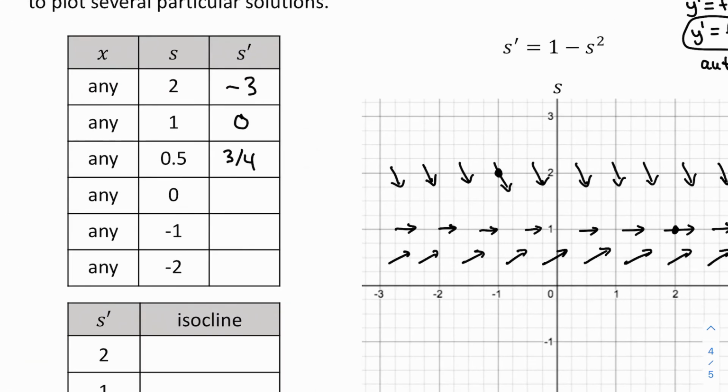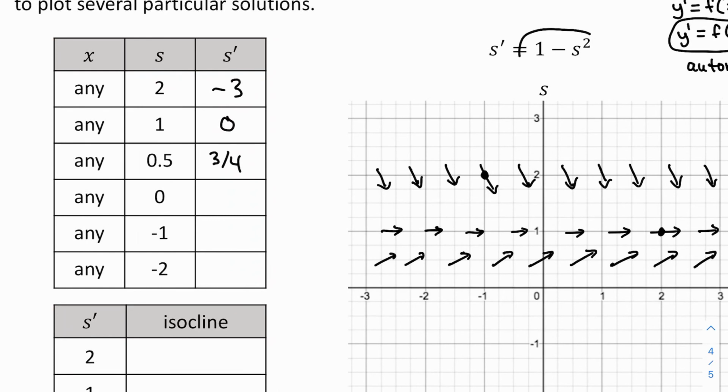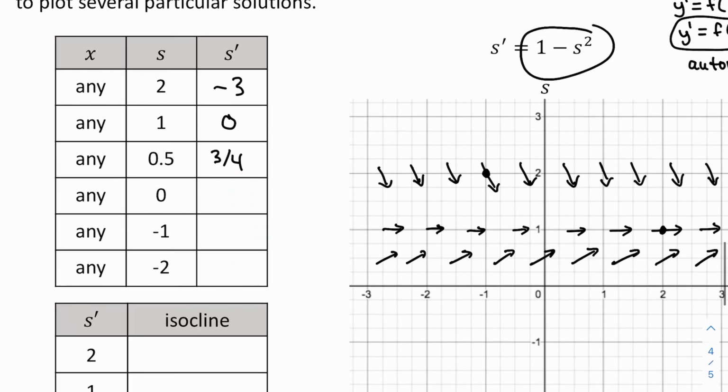Etc. Now when s is 0, plug 0 in for the s up here, and we get 1 for s prime. So we get slopes of 1 as long as s is 0, so a little bit steeper than the ones I just drew. But slope 1 all the way through there, etc. When s is -1, we plug -1 in for s here, and we get 0 for s prime.